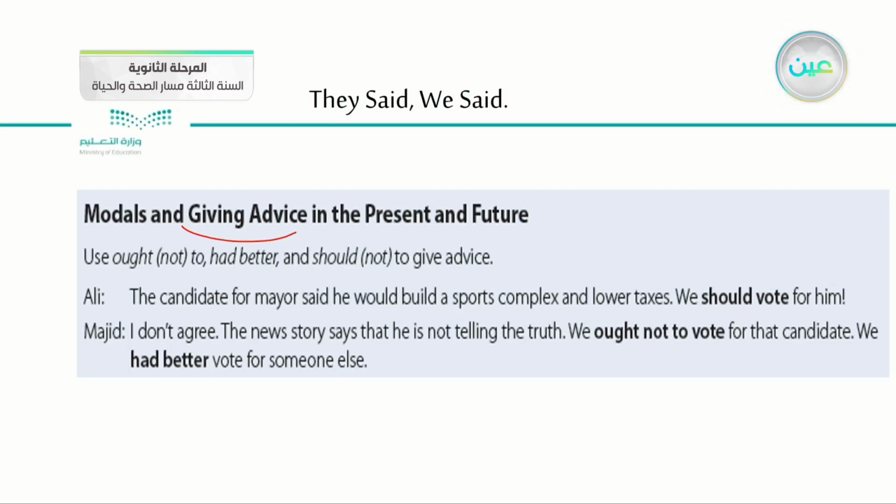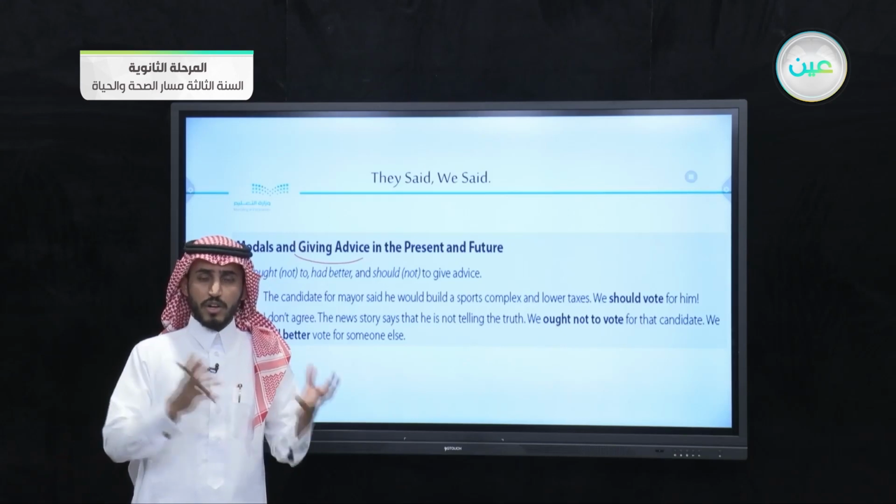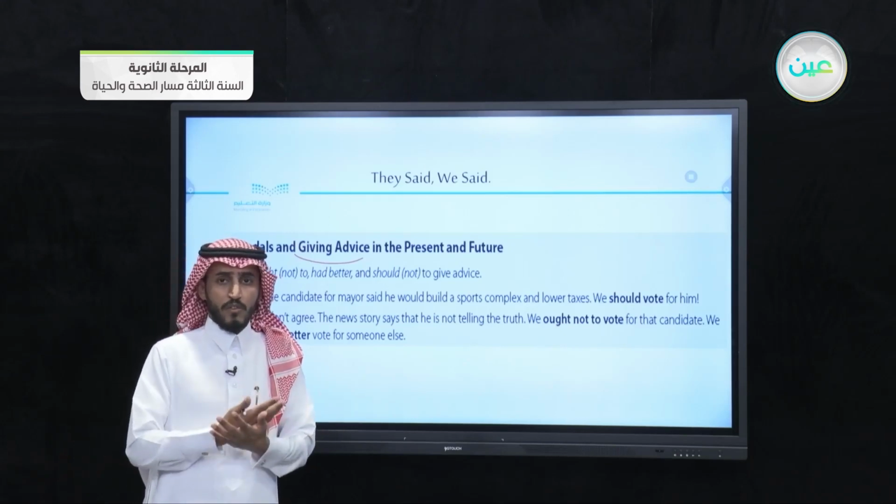We had better vote for someone else. So we have three expressions: ought to, had better, and should or should not. We use all these expressions to give advice to a person, either in the negative or in affirmative form.